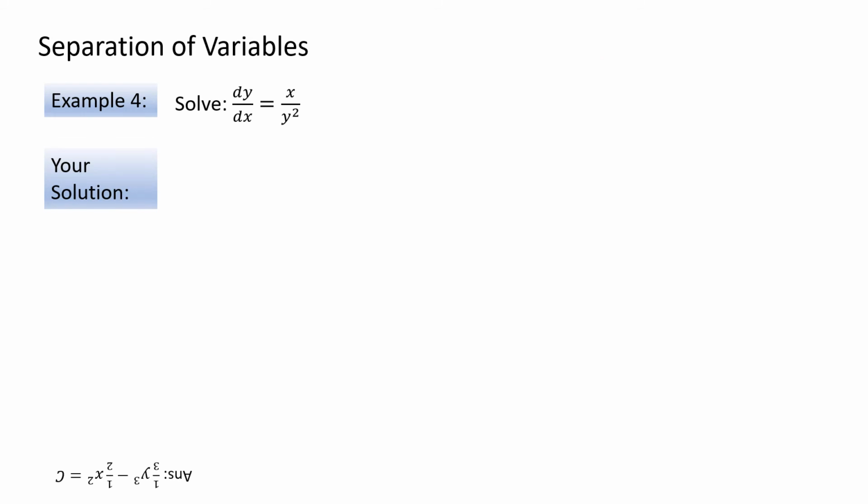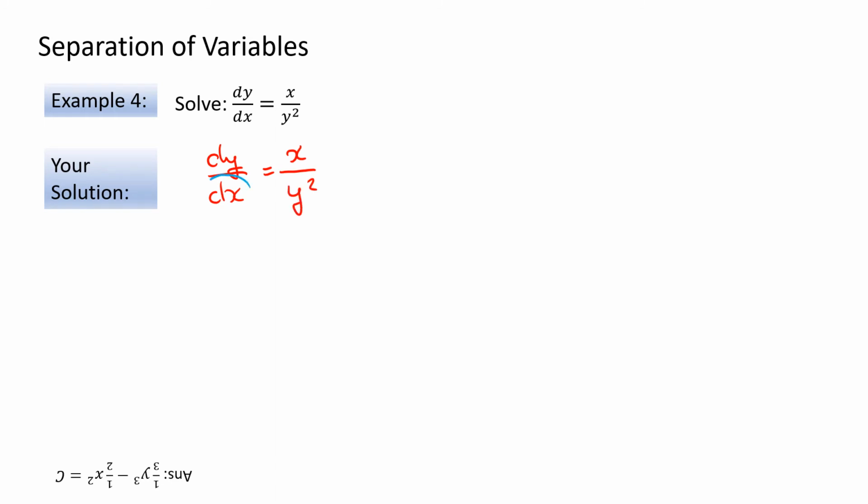So our first example is solve dy by dx equals x divided by y squared. Remember, our first goal is to get all of the y terms on one side, all of the x terms on the other side of the equation. We have a dy by dx. I'll rewrite it so that we can manipulate it, and it's equal to x divided by y squared.